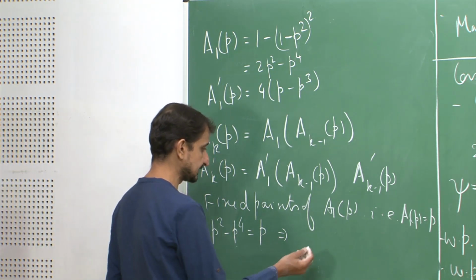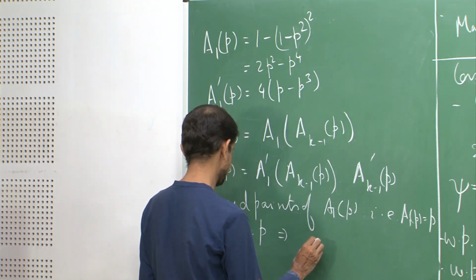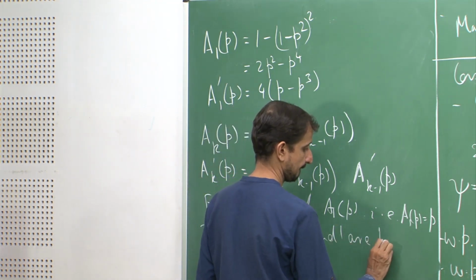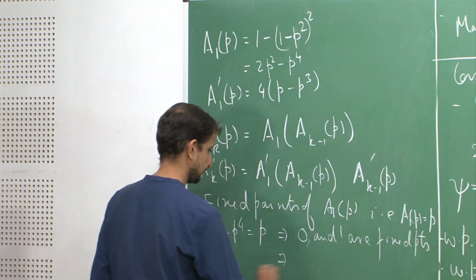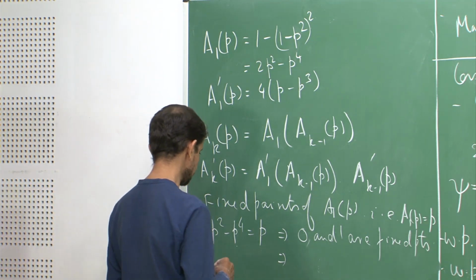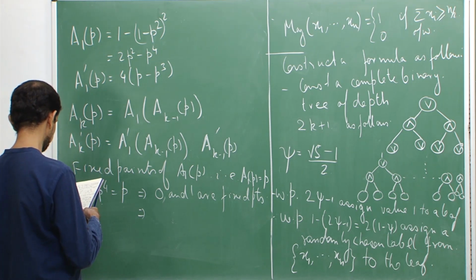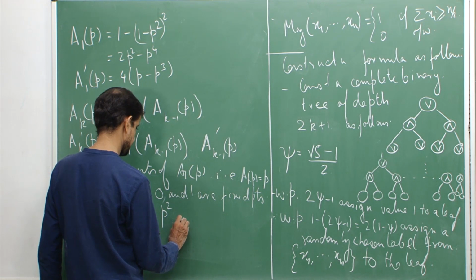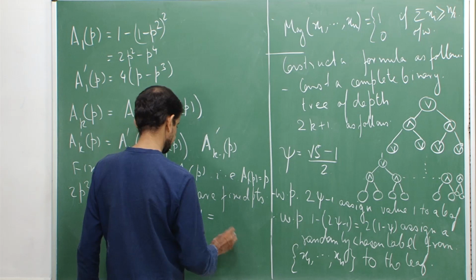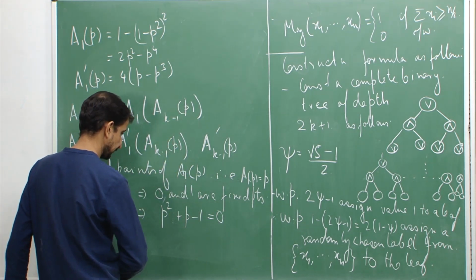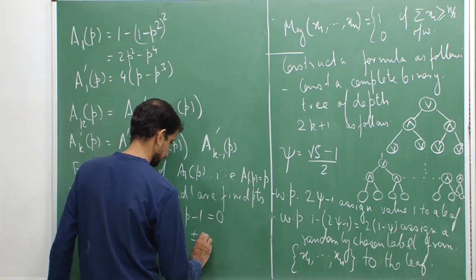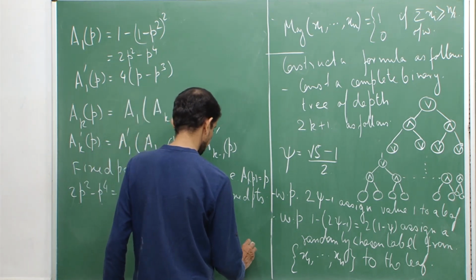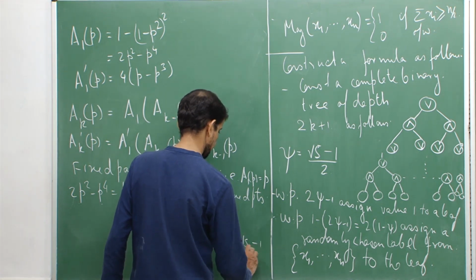So, 0 and 1 are fixed points. If I factor out p and p minus 1, what I will get is something like p square plus p minus 1 equal to 0, and the roots of this equation will be p is equal to minus 1 plus minus root of 4 plus 1, over 2, which is equal to root 5 minus 1 over 2.